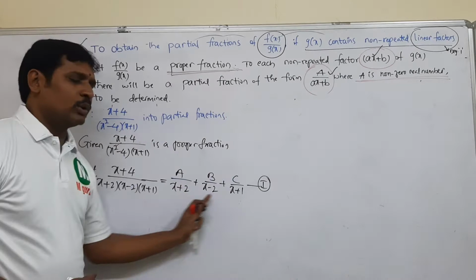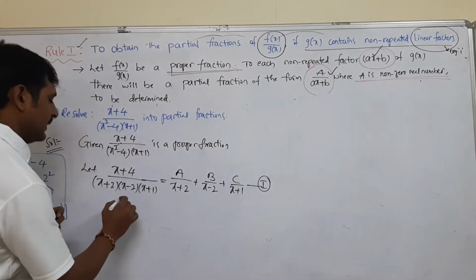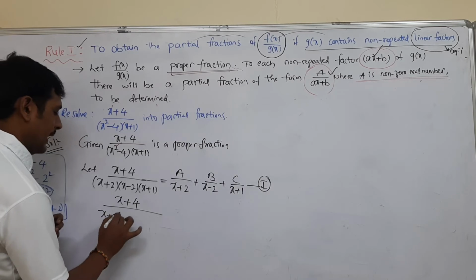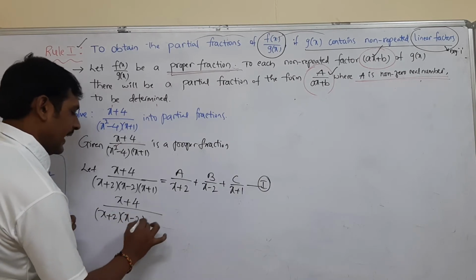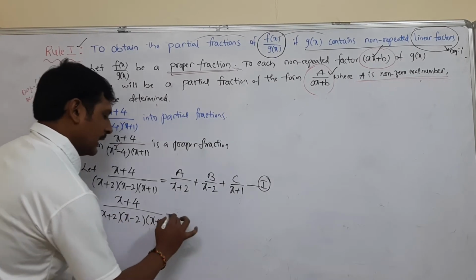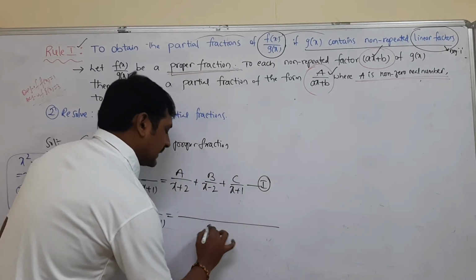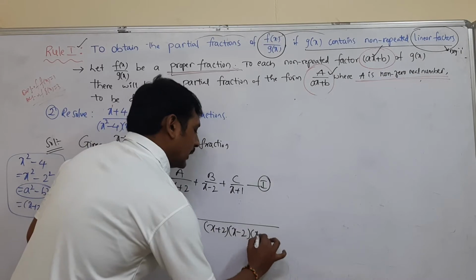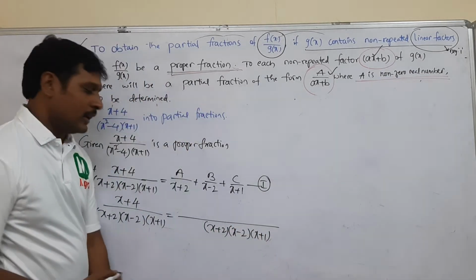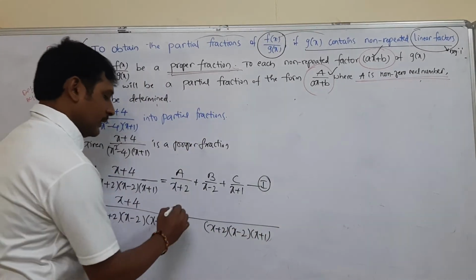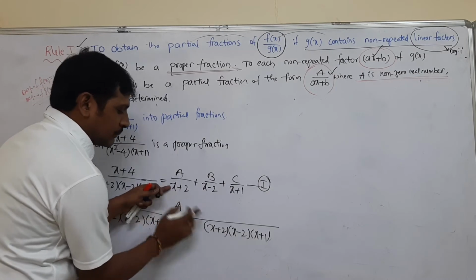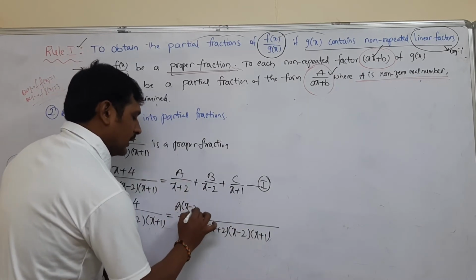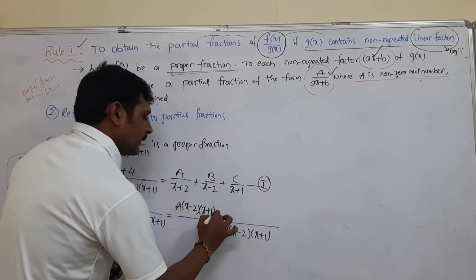Then after, take the LCM for this. So if you take the LCM, the left side is x plus 4 by (x plus 2) into (x minus 2) into (x plus 1), the same, whereas the right side has (x plus 2) into (x minus 2) into (x plus 1). Now once after taking the LCM, a into, here x plus 2 is already there, so the remaining are (x minus 2) (x plus 1). Let us write them.